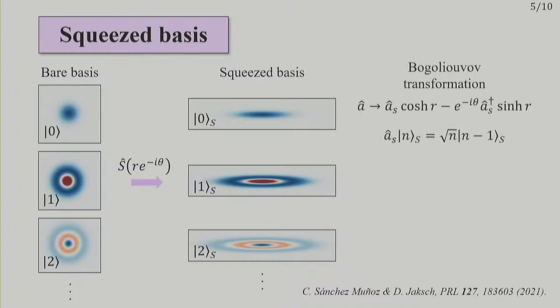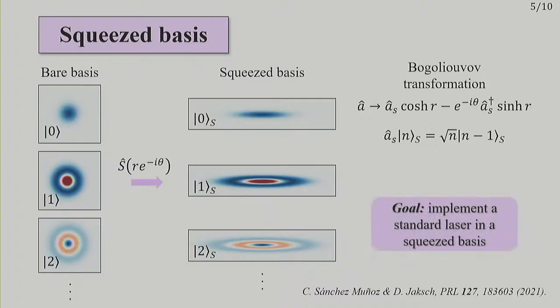And in this basis, this is just equivalent to applying this Bogoliubov transformation. And here I will have these annihilation operators in this basis, okay? So what's the goal? The goal is to implement a standard lasing, not in the bare basis, but in this squeezed basis. And in this way, I will get my squeezed lasing back in the bare basis.